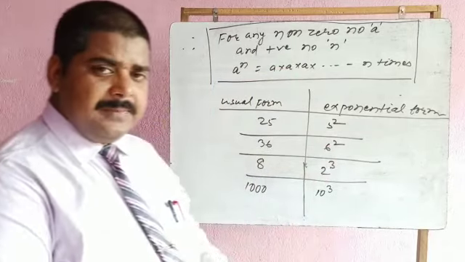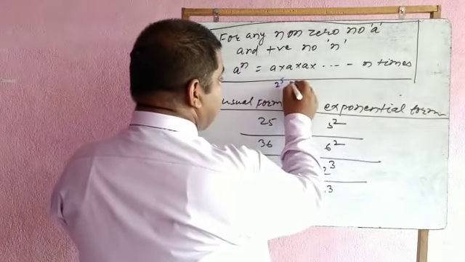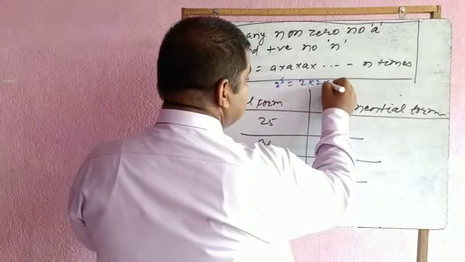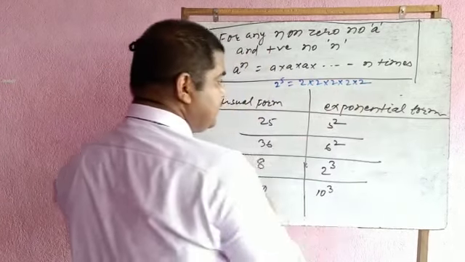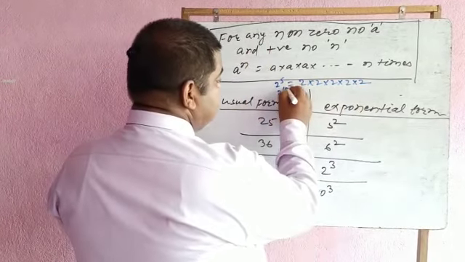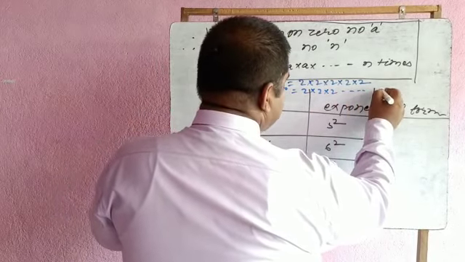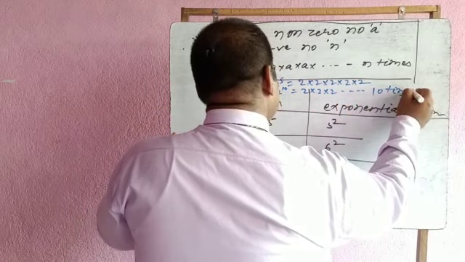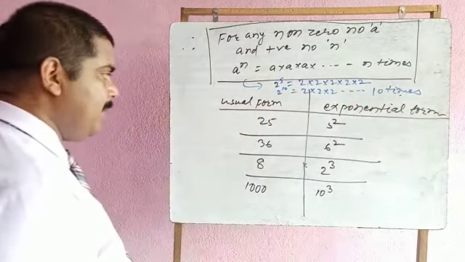For example, 2 to the power 5 means 2 into 2 into 2 into 2 into 2, 5 times. 2 to the power 10 means 2 multiplied 10 times.